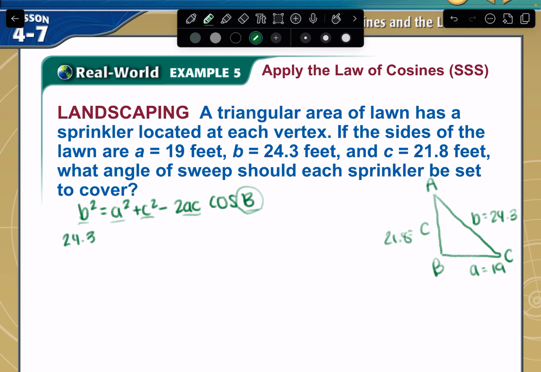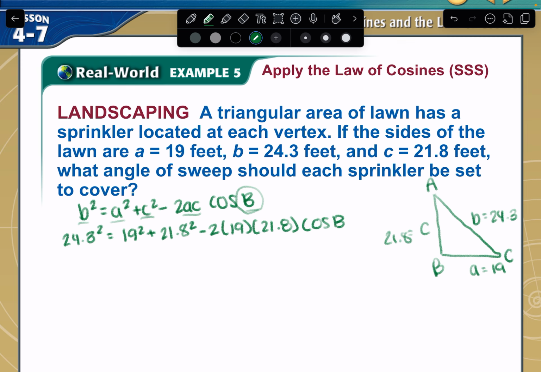I'm plugging in B for my side length, I'm plugging in A for my side length, I'm plugging in C, and then A and C again, times cosine B.